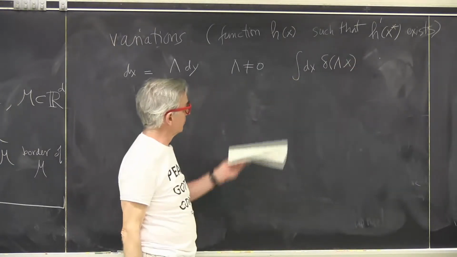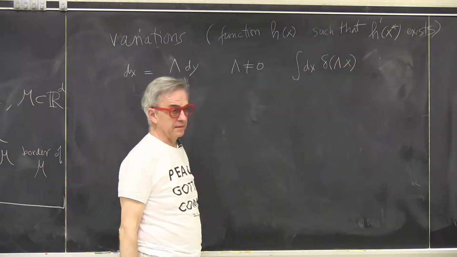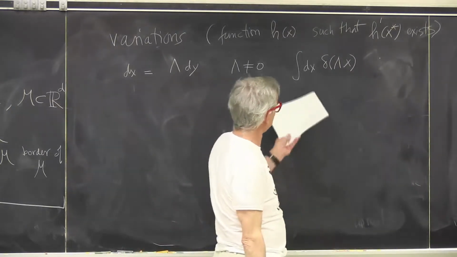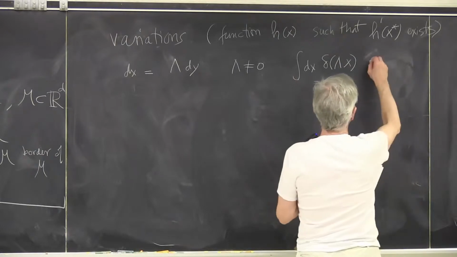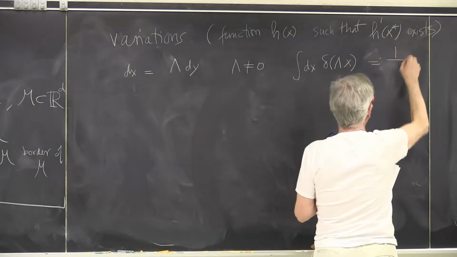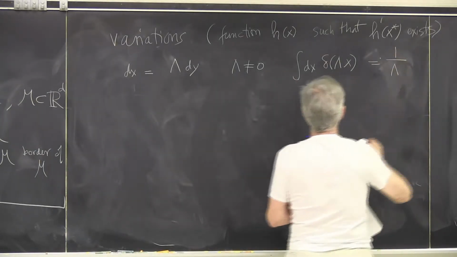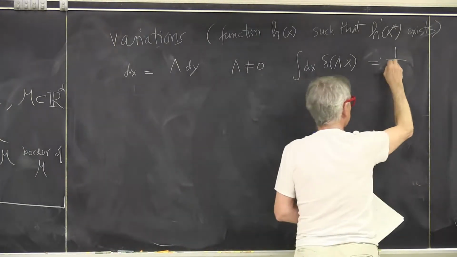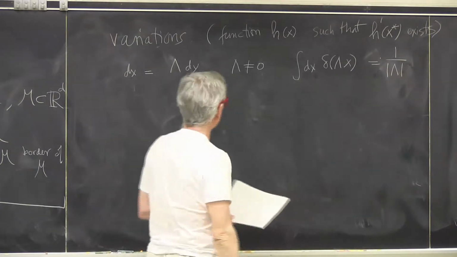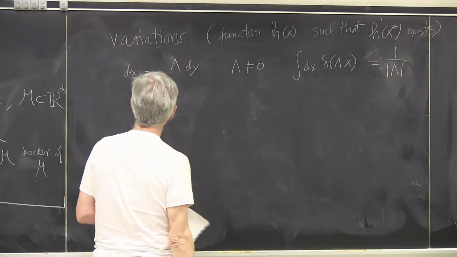And what you do is you multiply and divide by lambda, and then change the variable, and then the delta function works. And this is clearly 1 over lambda. However, this is a volume measure, so this is always a positive number, so there's an absolute sign. So that's the simplest variation.